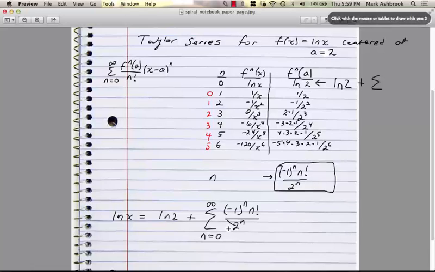So that whole thing is then divided by what? N factorial, and then times x minus 2 to the n, because that's what we're centered about too. Did you catch it?